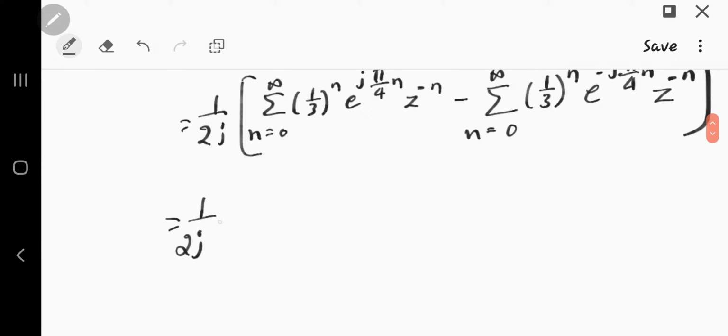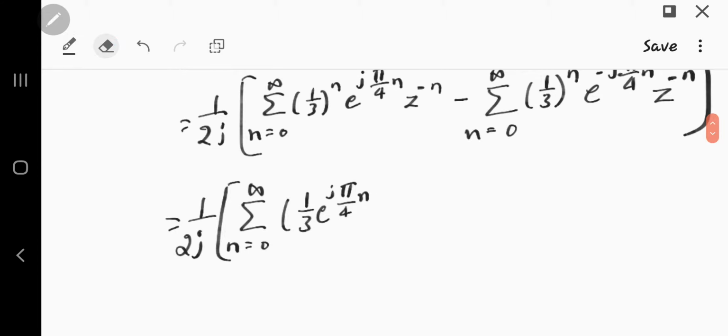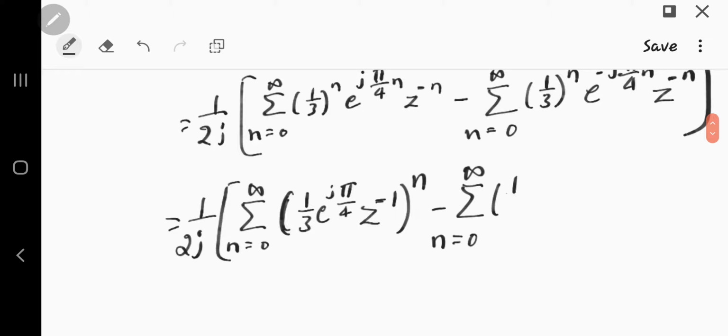So 1 by 2j, summation n is equal to 0 to infinity, (1/3 e to the power of j pi by 4 z inverse) whole to the power of n, minus summation n is equal to 0 to infinity (1/3 e to the power of minus j pi by 4 z inverse) whole to the power of n.